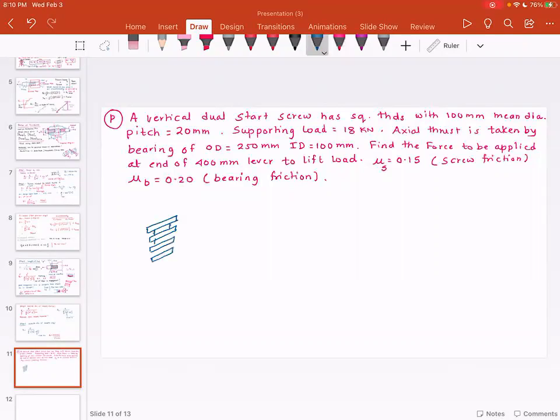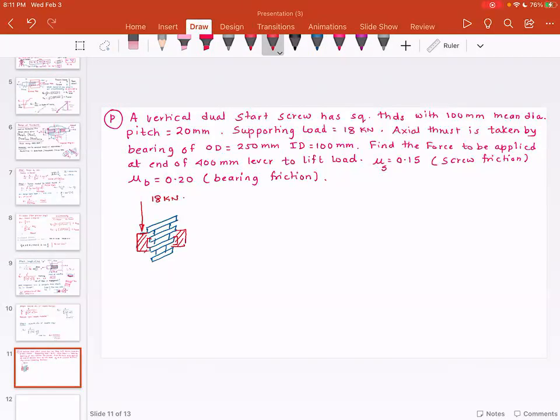So we have a double start screw, and then it has square threads, and then there is a nut, and the vertical load that is supported is 18 kilonewton.